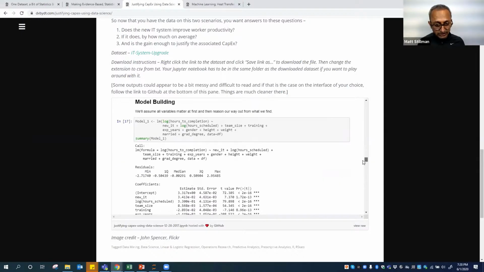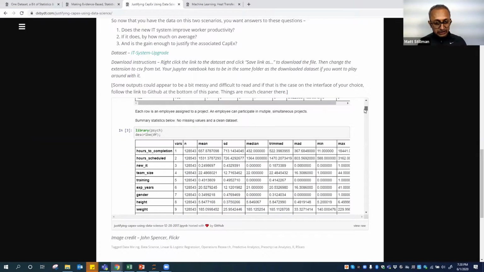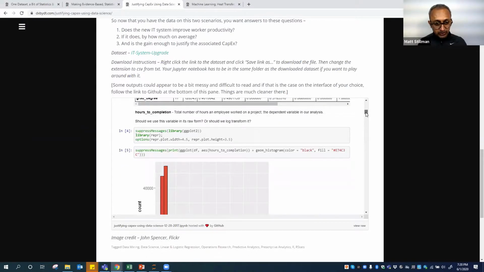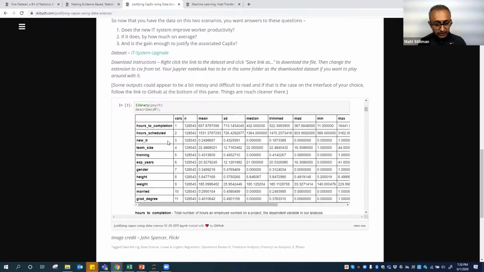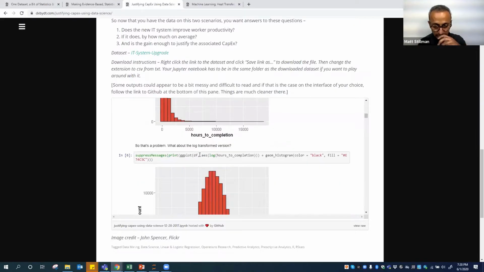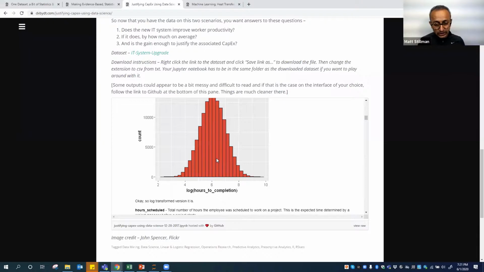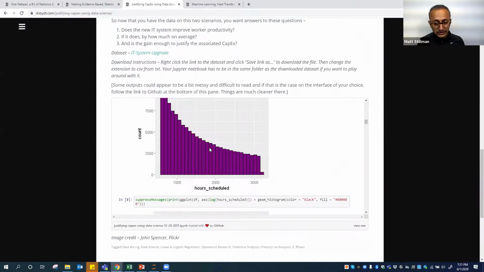It goes through step by step: getting the data in, explaining some of the variables, plotting a little bit of statistics and some visualization of what you're looking at, and why you want to do some kind of manipulation on the data.